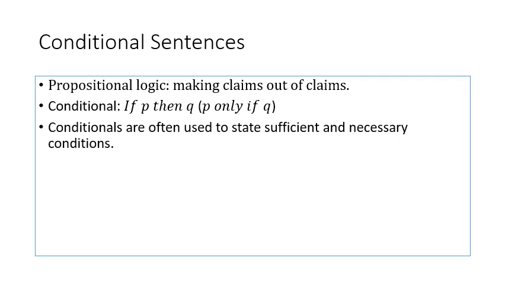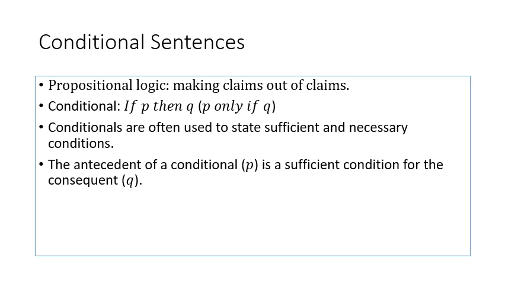The only difference is that if you use the first locution, you're focusing on the P a little bit. If you're using the second, you're focusing on the Q. And the reason that you might shift there is because conditionals are often used to state a necessary or a sufficient condition.